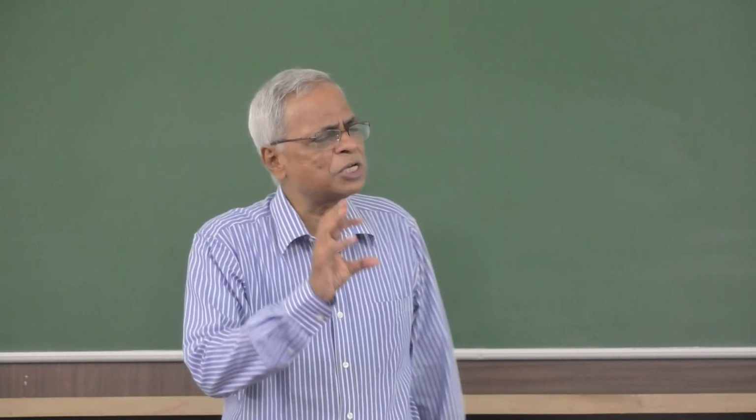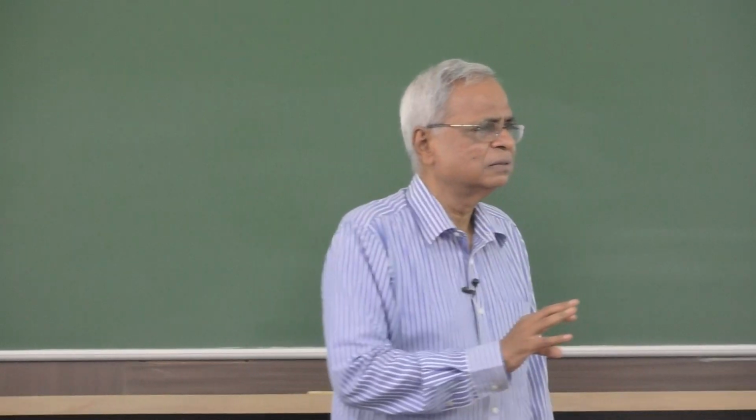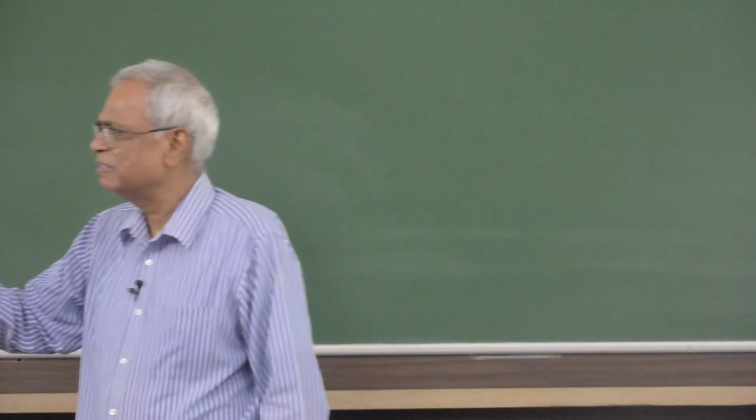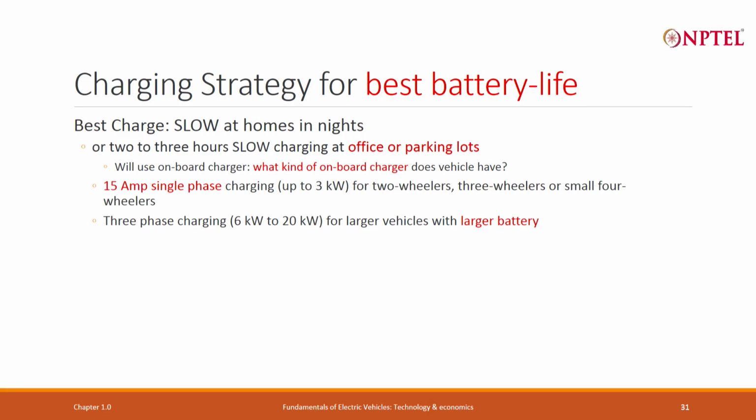And for this slow charge in India, the best plug is the 15 ampere plug point that you use for a whole lot of different things. The 15 ampere plug point is used for example for your mixer, your washing machine, your refrigerator.